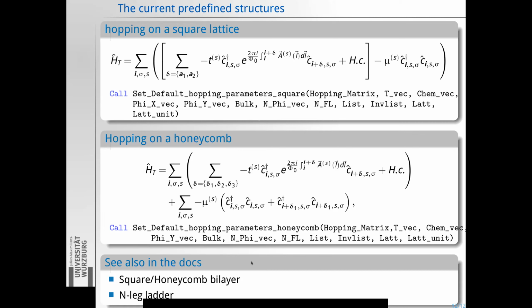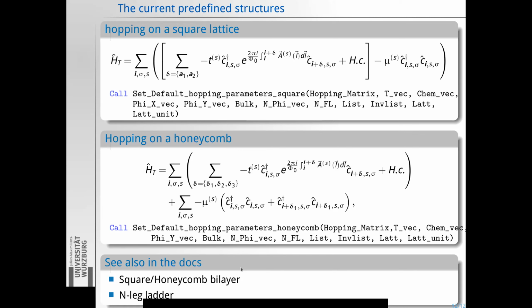I will just point you towards the documentation for other possibilities, since they have Hamiltonians which are longer than what I could squeeze onto the slides. We also have predefined hoppings available for bilayer systems, for the square lattice case, and also for the honeycomb lattice case. So you can do bilayer honeycomb simulations.